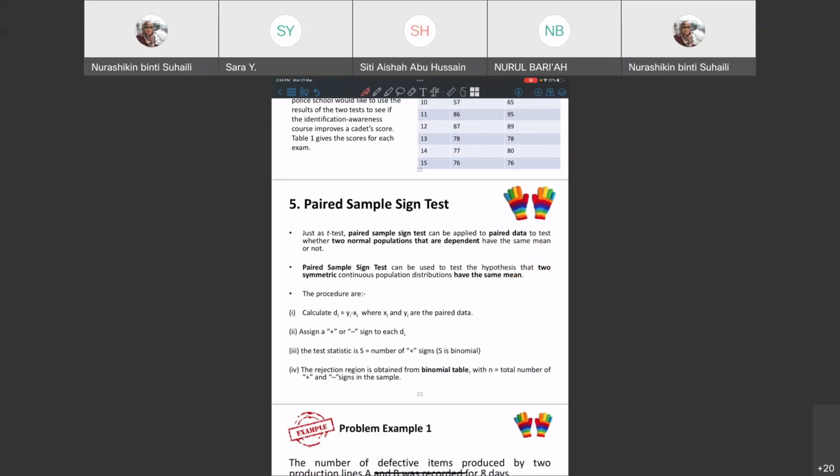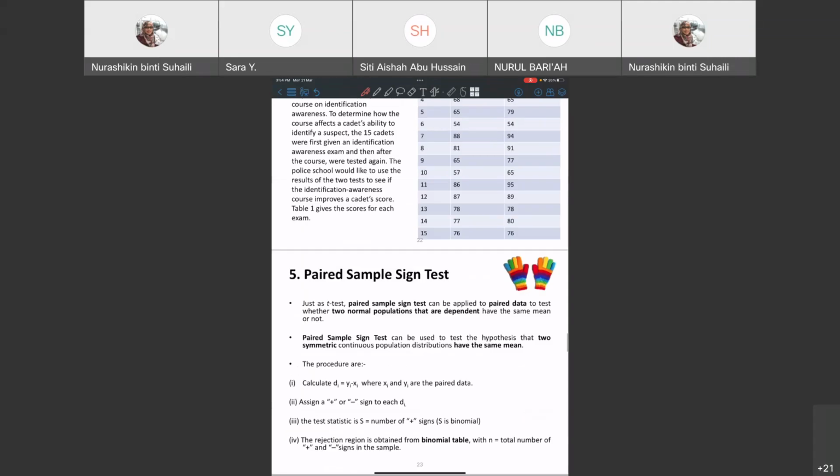Okay, so if you see the procedure, the only difference is that you have to consider the comparison and assign what is called D, where you want to assign the sign of the comparison. Okay, and the rest of it is the same. Because at the end you want to find the probability and you want to make a decision and you make a conclusion. So the rest are the same actually. So let's have a look at one problem.